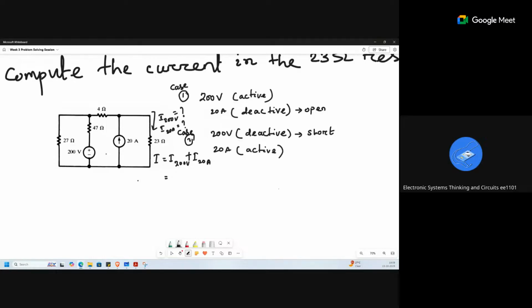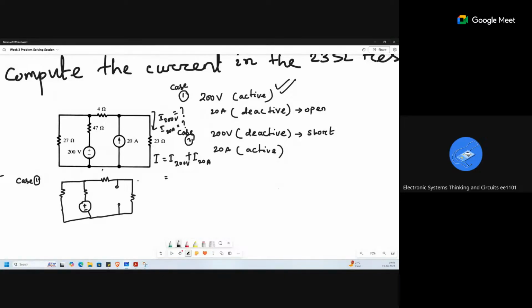Now your circuit becomes, in the case of case one, like this, and this will be open circuit.